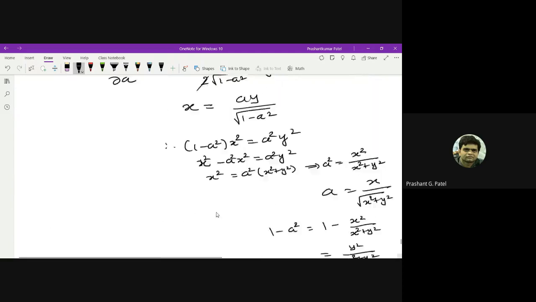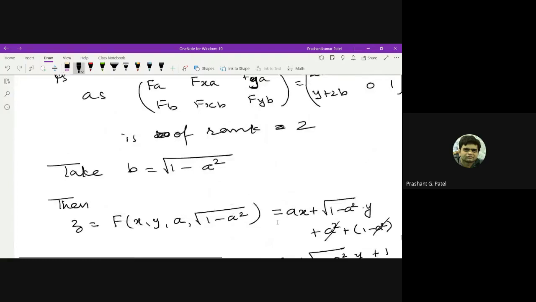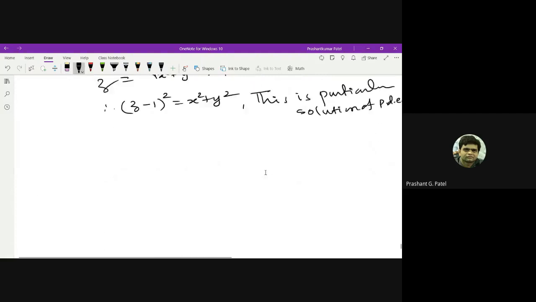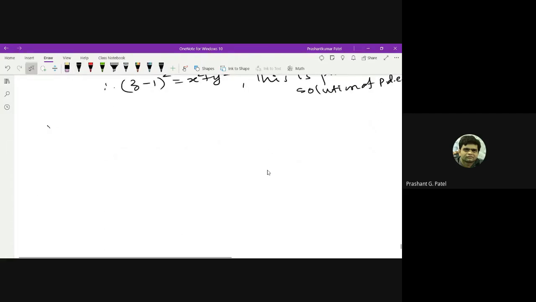This one, which we have written here, z equal to, this is the general integral. Here I have taken the value of b as this. If you take another value, you may have some other thing. Let us take another one. So now let us take b equal to a.